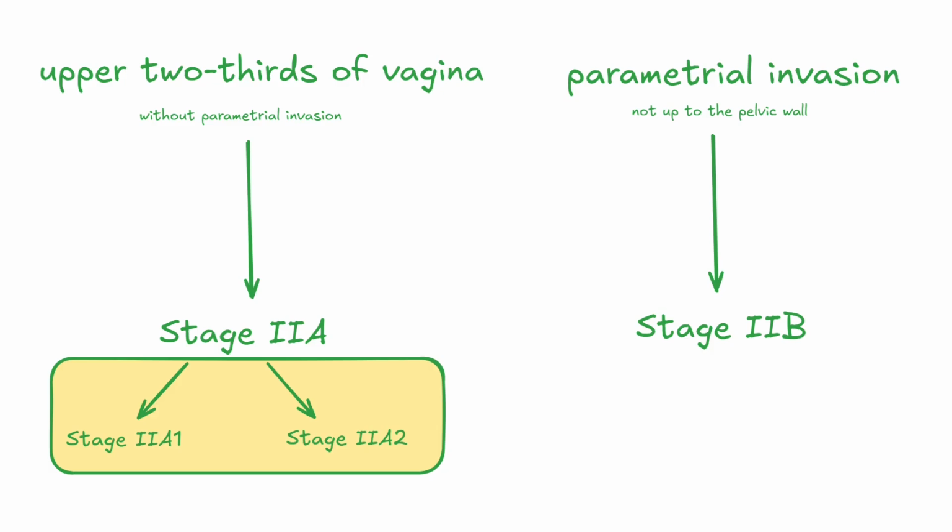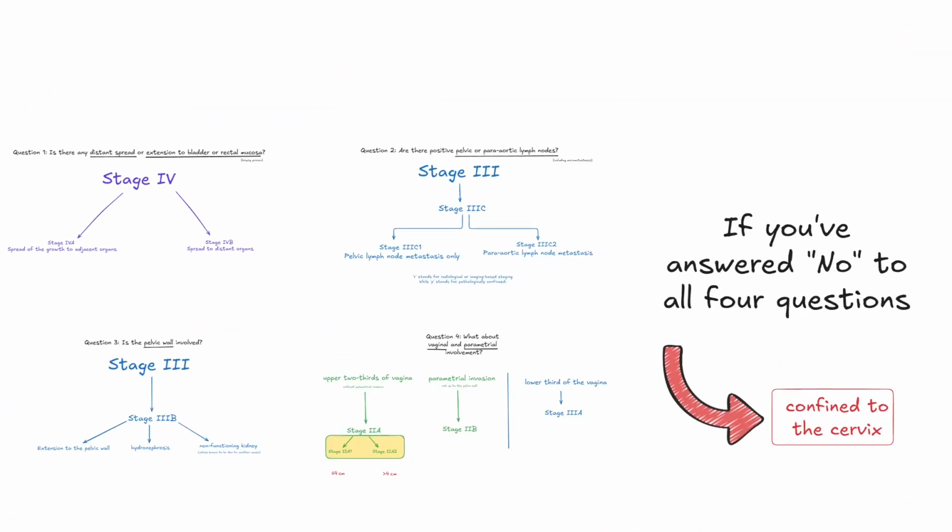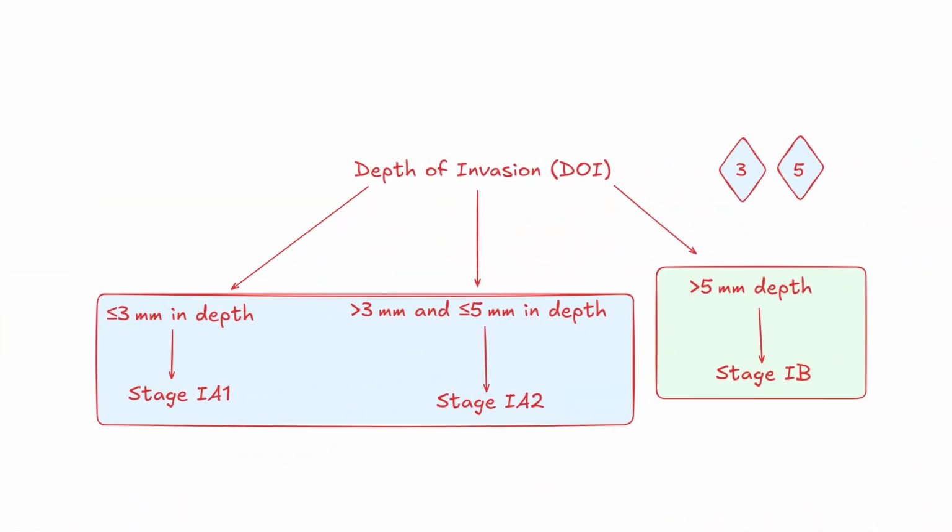Now, we reached the last bit. What if you've answered no to all 4 questions? Well, that means that the tumor is confined to the cervix and you're in stage 1 territory. This is where our 2 magic numbers come into play. So, there are 2 features that you need to look at in stage 1. First feature of interest is depth of invasion, where you meet your first magic number, which is 35.